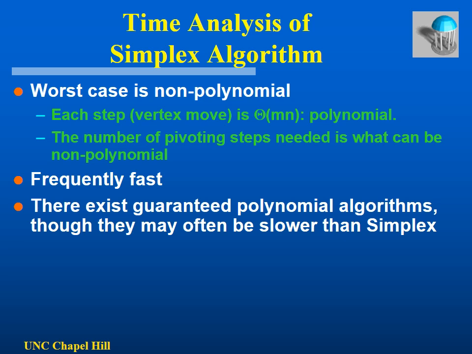That is to say, the number of non-basic variables times the number of basic variables. And that's polynomial. So each step is polynomial. But it can be that the number of pivoting steps needed is what can be non-polynomial. And so the worst case for the simplex algorithm is indeed non-polynomial.